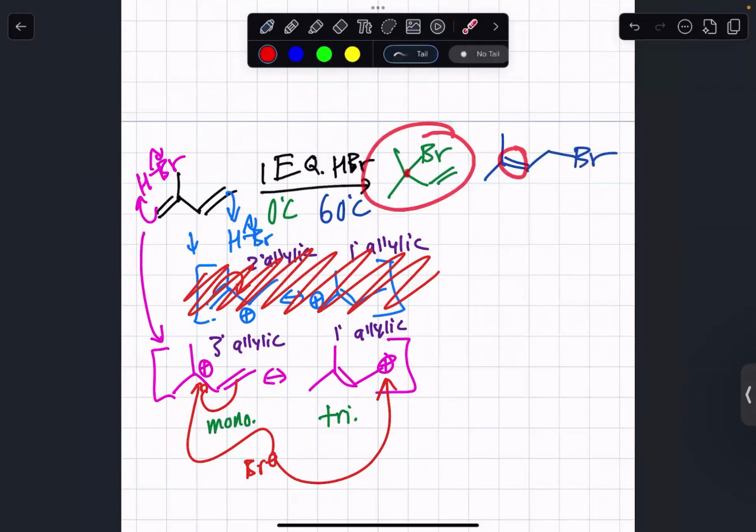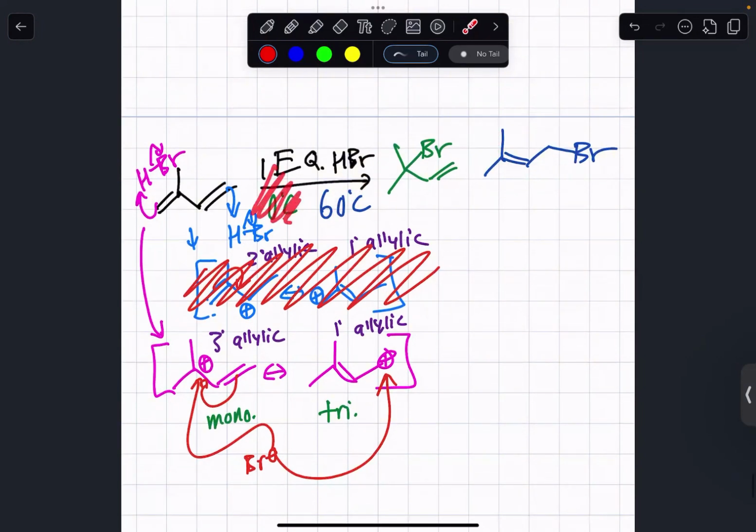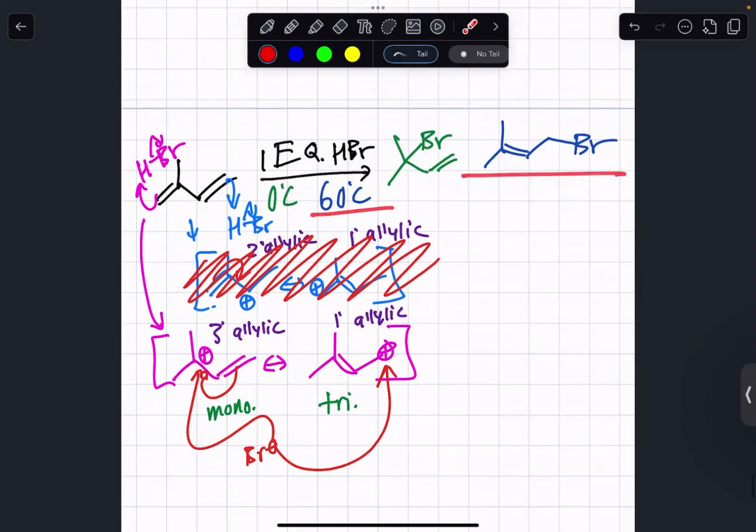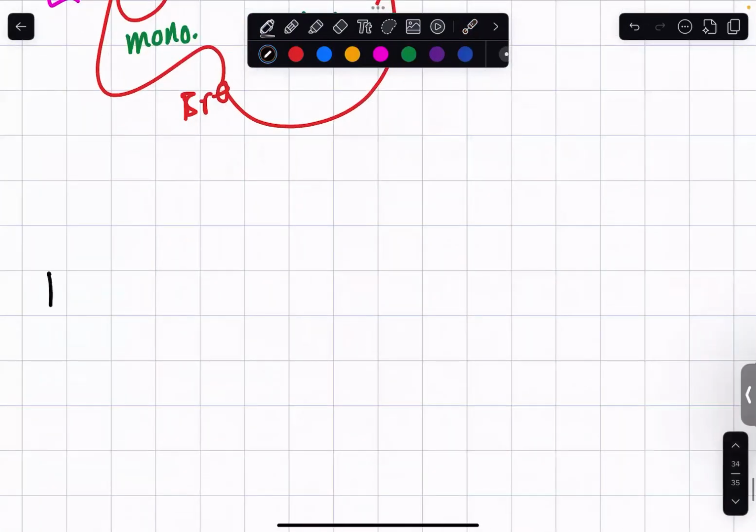Kinetic came from the more stable carbocation intermediate, right? And only draw out one of the products depending on what temperature you have. If you're only given 0 degrees Celsius, this is your only answer. If you're given 60 degrees Celsius, this is your only answer. For this example, there's gonna be some examples where you have multiple thermodynamic products, right?